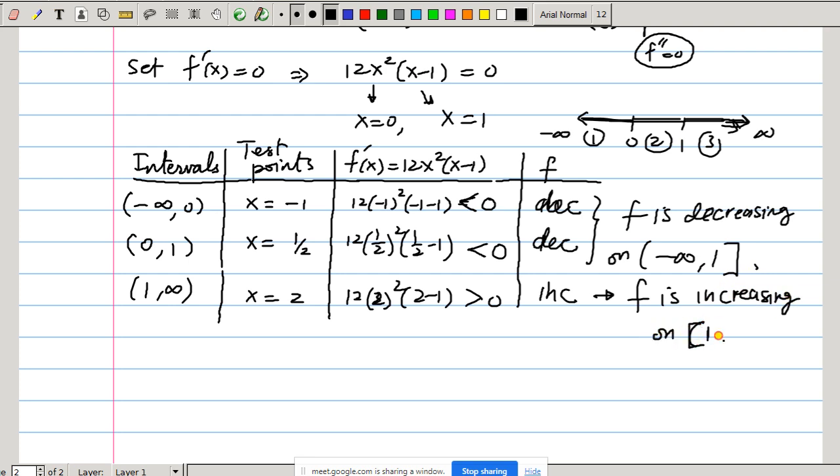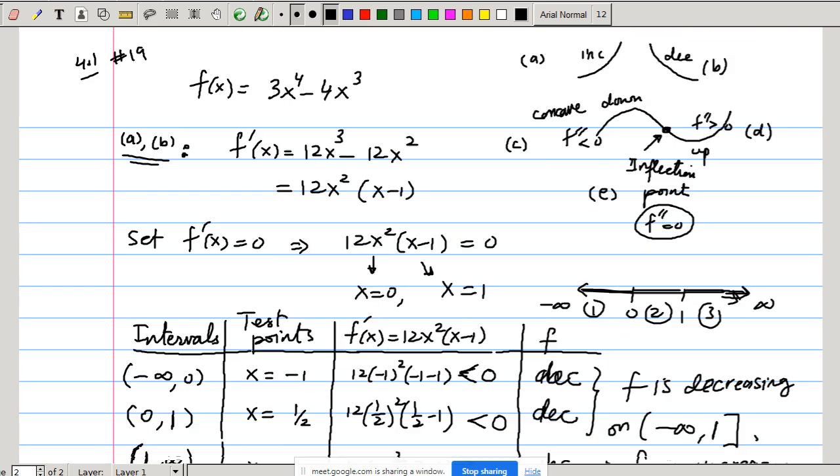We do not close the bracket while testing, we write open intervals because we are checking only the points within them. 1 and 0 are not included, but when you write the conclusion, then we include 1 and 0 as well. So this will become a closed interval. So this is the answer to question number A and B. I have given both answers directly together.